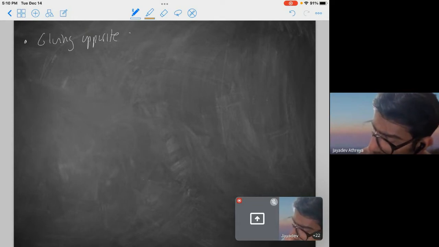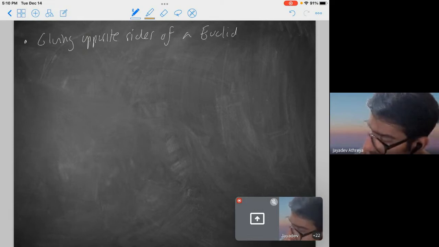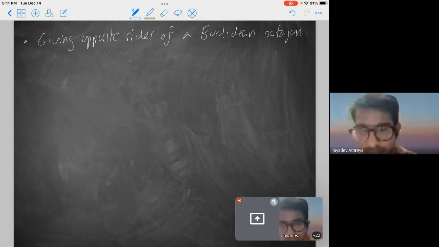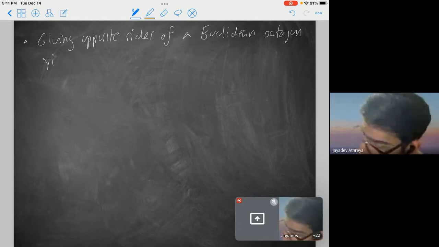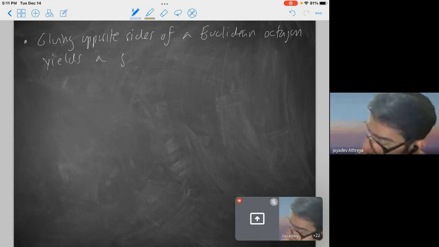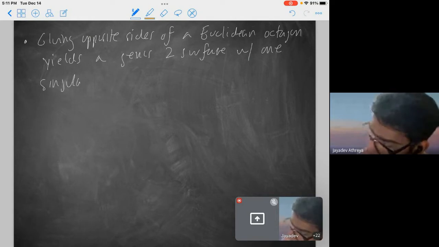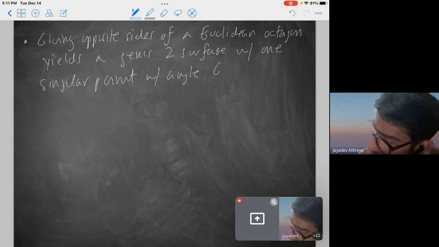So what we see is that gluing opposite sides of the Euclidean octagon yields a genus 2 surface with one singular point with angle 6 pi.